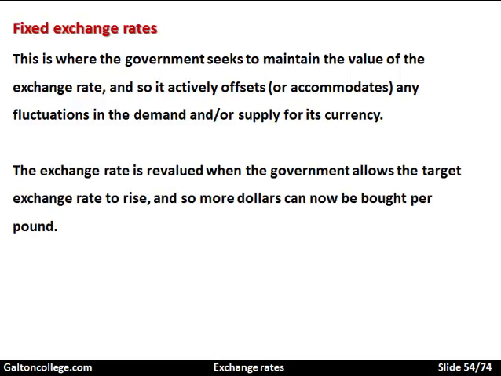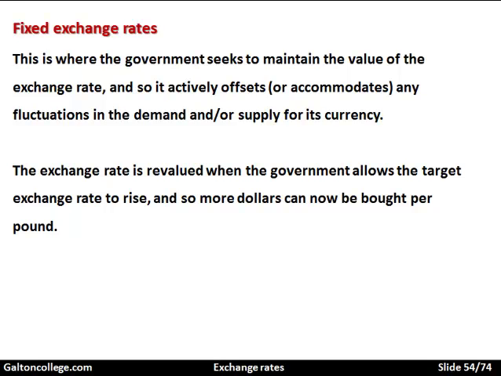So the exchange rate is revalued when the government allows the target exchange rate to rise. So more dollars can now be bought per pound, let's say. So sometimes when there was what's known as a fundamental disequilibrium, the rate was wrong, and there was a constant problem because the government was constantly required to intervene in the market to try and fix the difference between imports and exports.